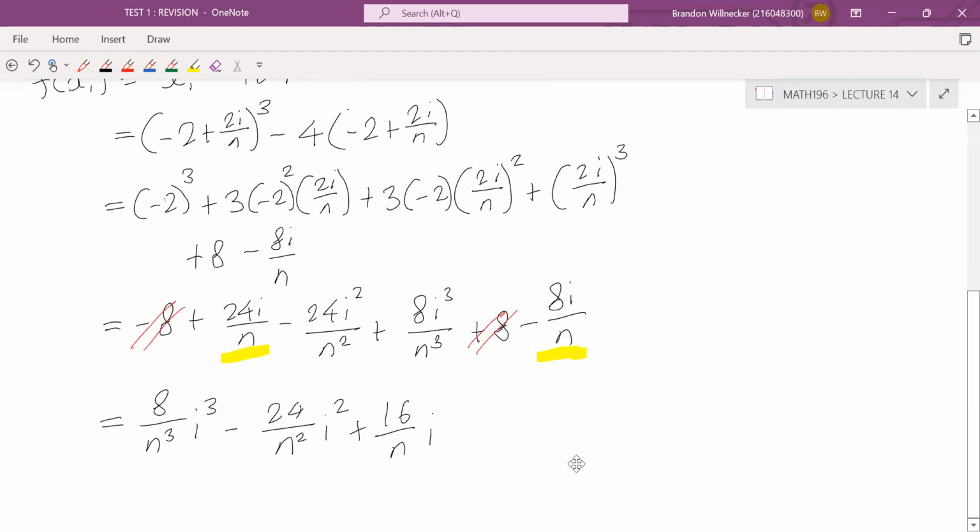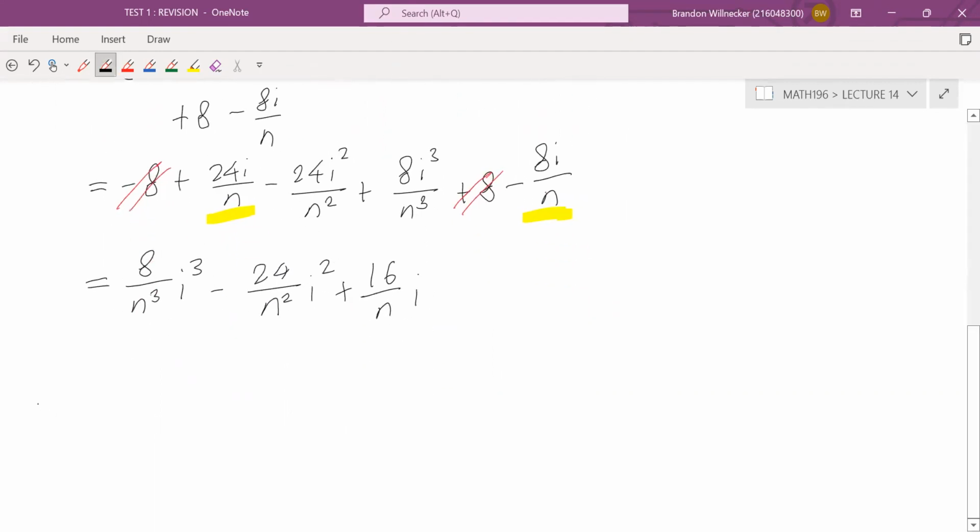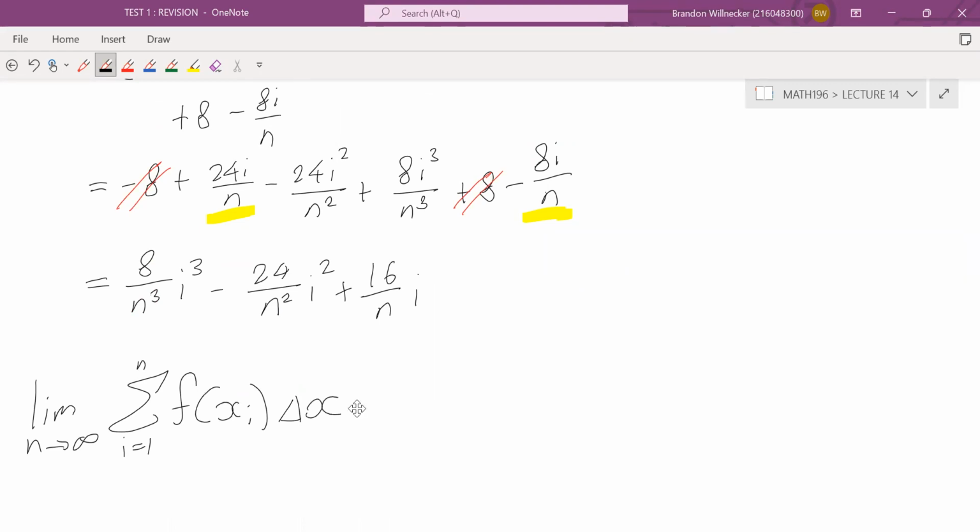Now we can find the area using the limit of the Riemann sum. We have the limit as n goes to infinity of the sum from i equals 1 to n of f of xr times delta x. It always starts off like that.